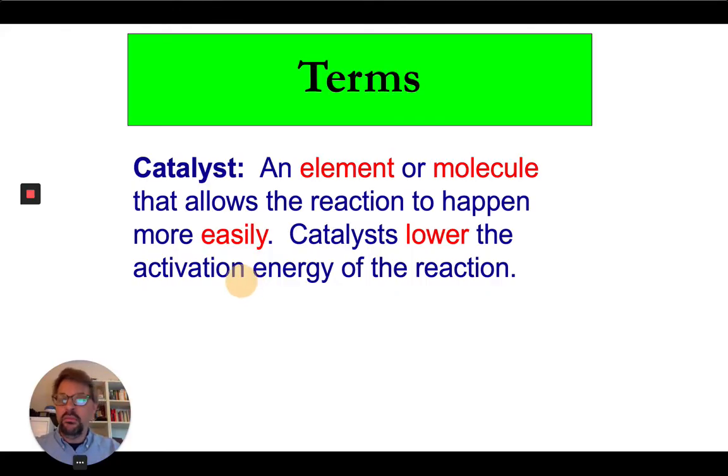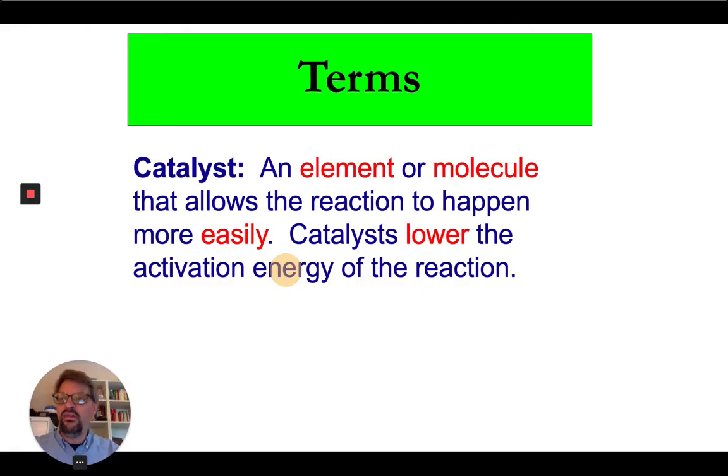Okay? They lower the activation energy. They make it easier for that intermediate thing to form between whatever the reactants are. So that's a catalyst. In your car, there's a catalytic converter in the muffler in the exhaust system, and that converts carbon monoxide to carbon dioxide.